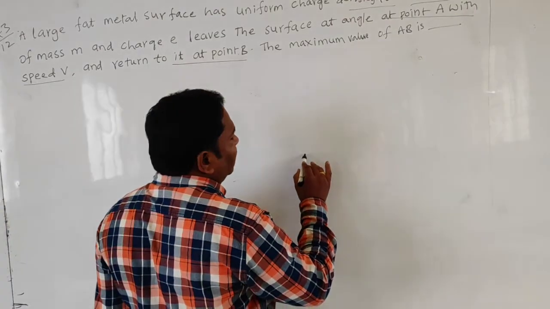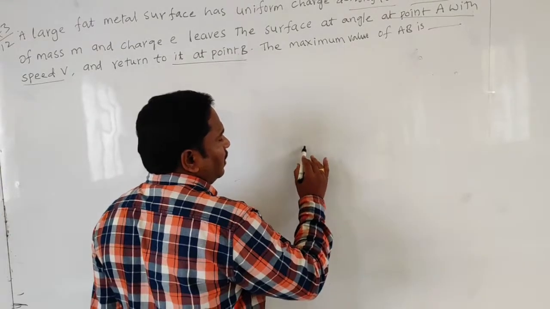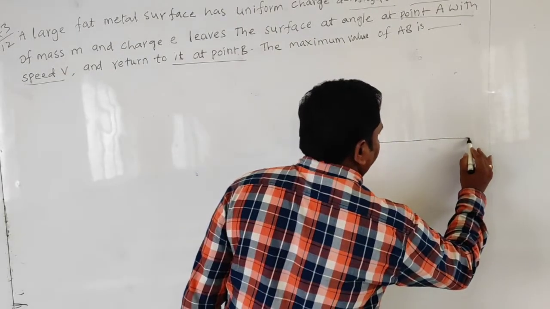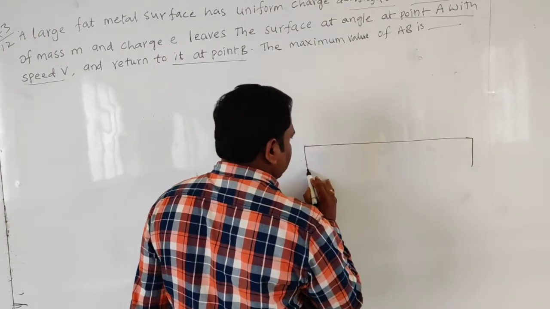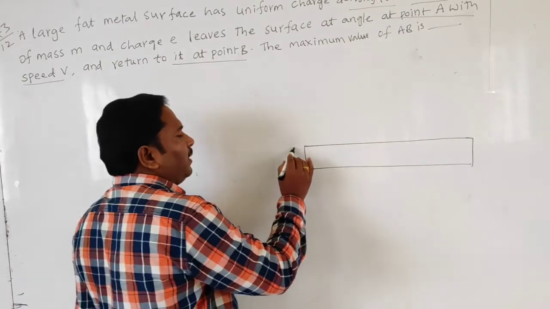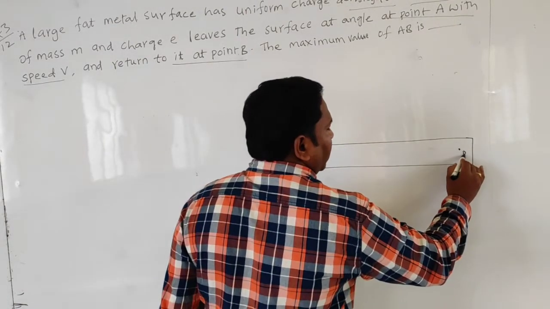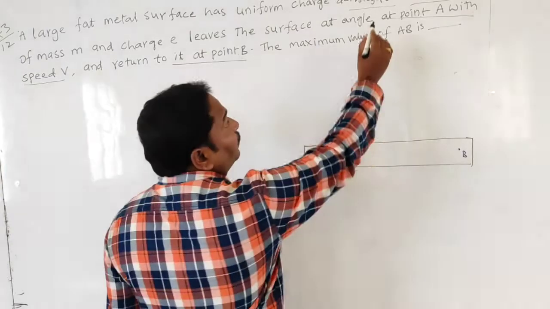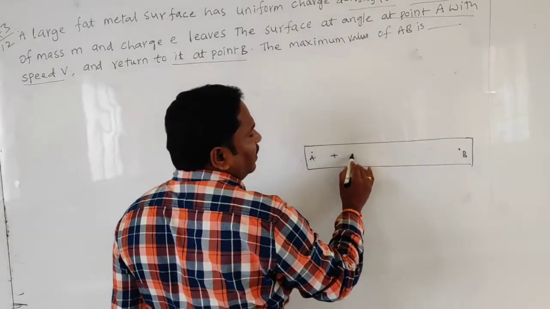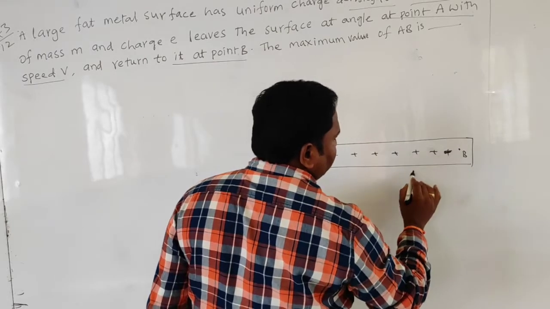Suppose we consider this is the metal surface, and let's say this is point A and this is point B, having uniform surface charge density plus sigma.